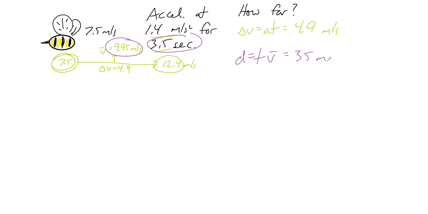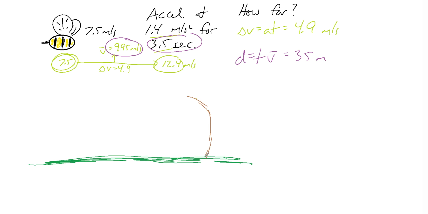Okay. All right, so let's try something a little bit different. Okay, let's try this. So let's draw some ground like this. All right, here we have a nice little tree, branches and stuff.